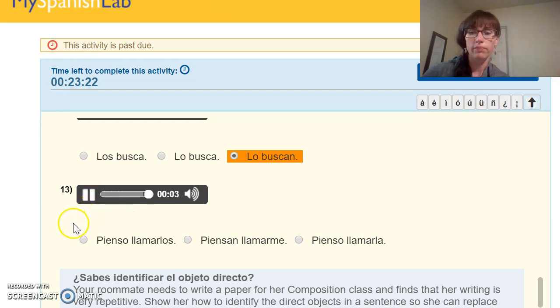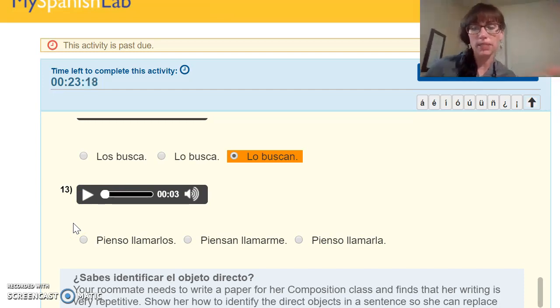So it's my friends, a mis amigos, which is plural and masculine. So we leave the verb conjugated as pienso, I'm planning to. Llamar, with los being plural and masculine, to agree with mis amigos.